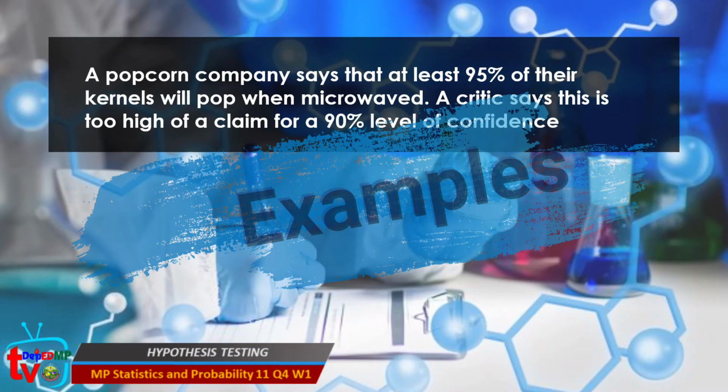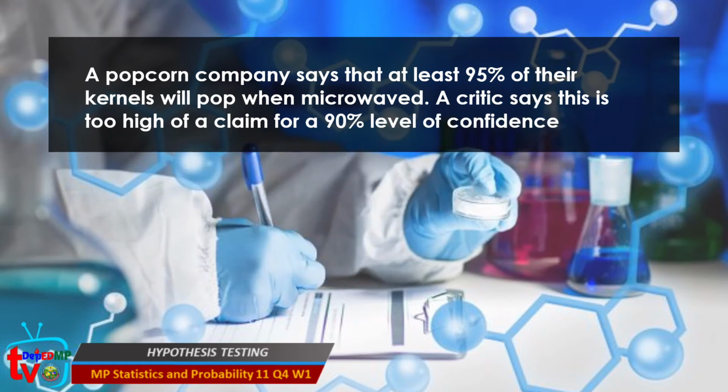Here are real-life examples on how to find the critical values. A popcorn company says that at least 95% of their kernels will pop when microwaved. A critic says this is too high of a claim for a 90% level of confidence. The critic says that the claim is too high. Thus, he is pertaining that the proportion should be less than 95%.